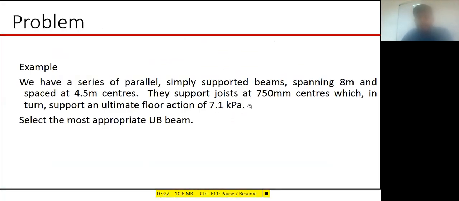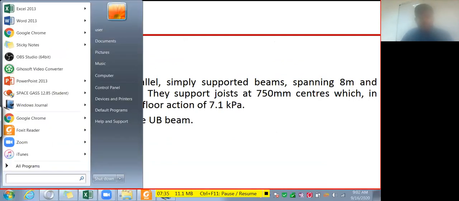Now, there are no details about the joist here, only the spacing is given and the ultimate floor action is given. Okay, so we need to choose an appropriate beam.